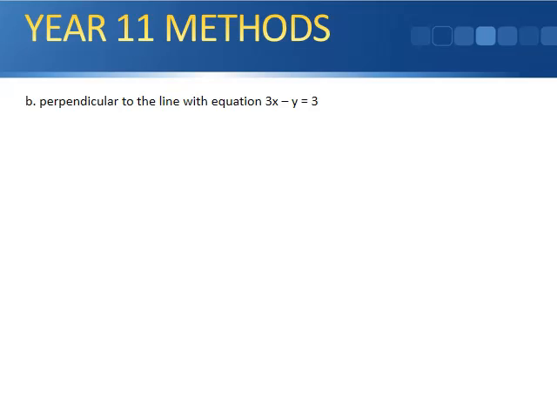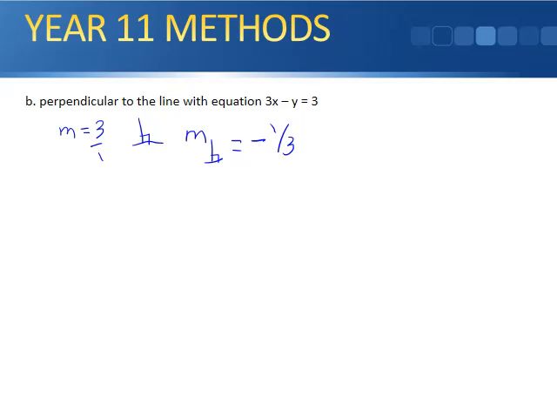Part B says perpendicular to that line. It's the same line, 3x minus y equals 3. Now remember my gradient was equal to 3. If it's perpendicular, then the easiest way to get the perpendicular gradient is instead of 3 over 1, we flip it, so it becomes a third, and we change the sign. So there's negative. It's using the rule m1 times m2 equals negative 1.